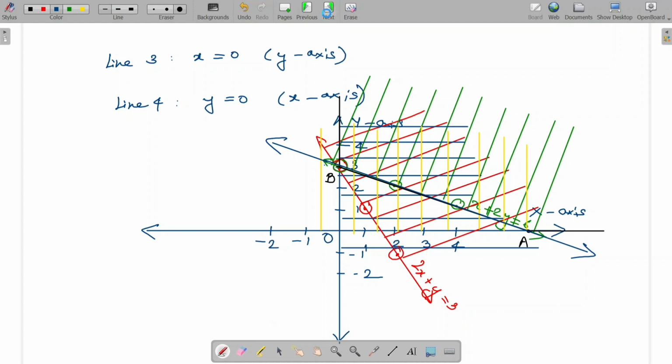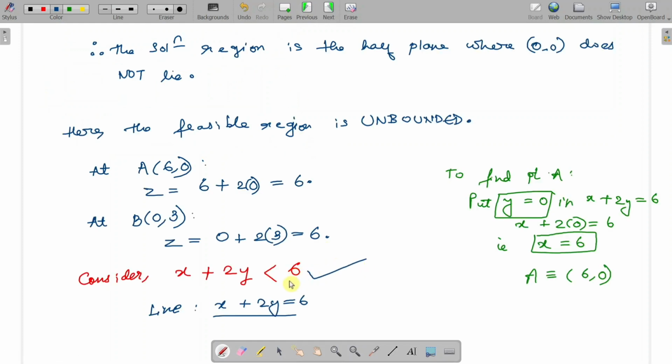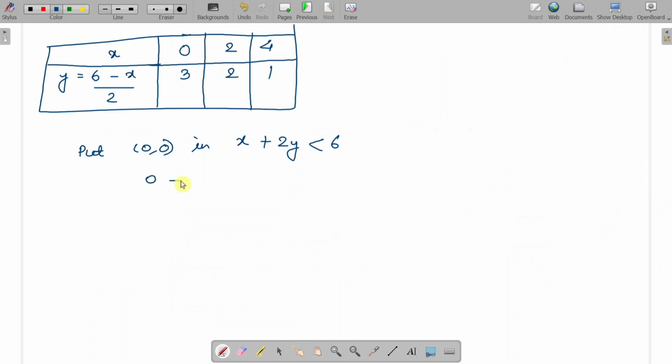And now we have to find the solution region for the new inequality. So put 0 comma 0 in x plus 2y less than 6. In this inequality we have to put, okay, the new inequality. So what we will get, 0 plus 2 times 0 less than 6, so that is 0 less than 6, right?